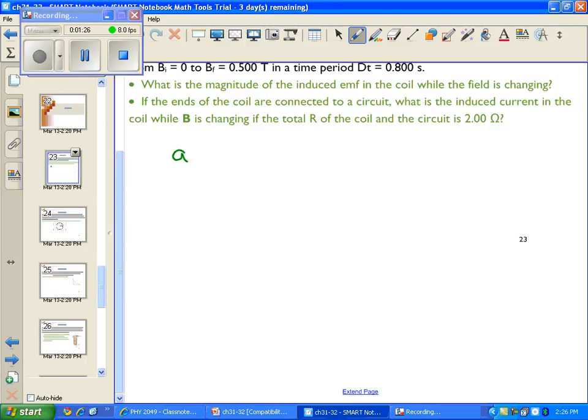Faraday's law tells us that the EMF that is going to be induced will be equal to the negative of N, the number of turns in the coil. And because we are told that the change occurs uniformly, we can work with the average change in the magnetic flux.